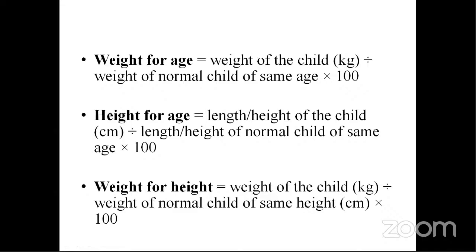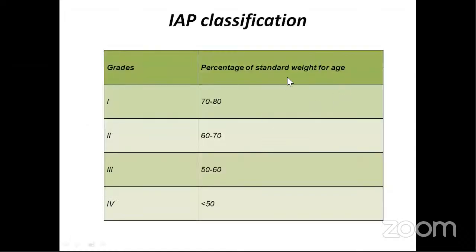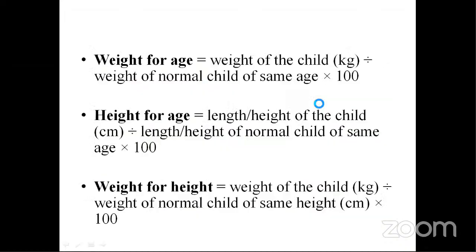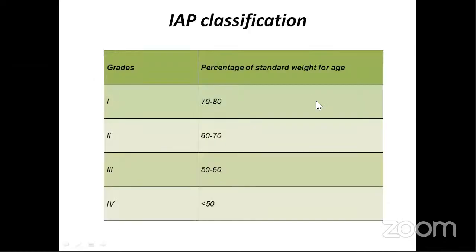Suppose they're giving a child's weight, you should calculate the weight for age, and you can use any of the classifications. Here I have given a sample IAP classification method. There will be 4 grades. You should use this formula to calculate the weight for age, and you should apply it here. You should see in which grade the child is falling under.